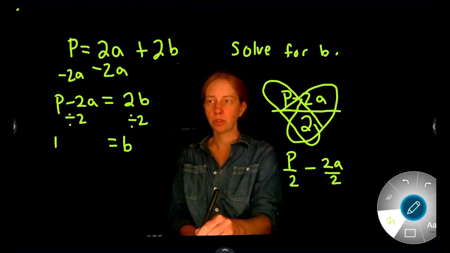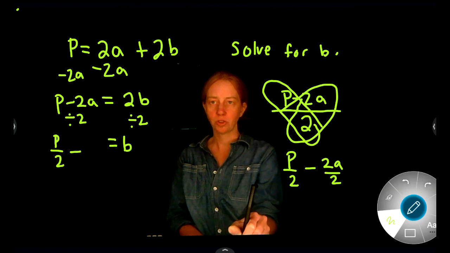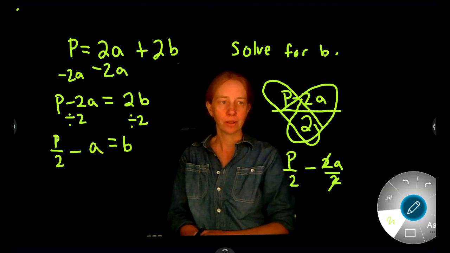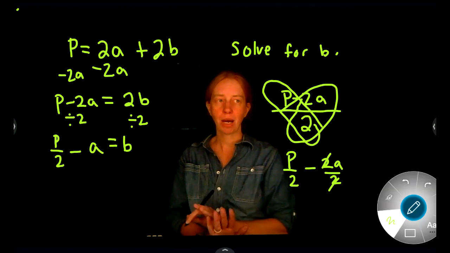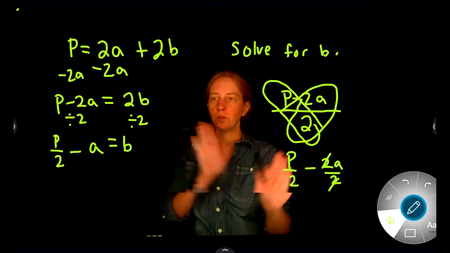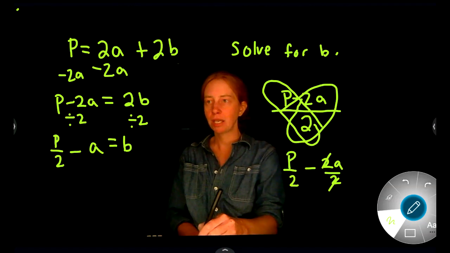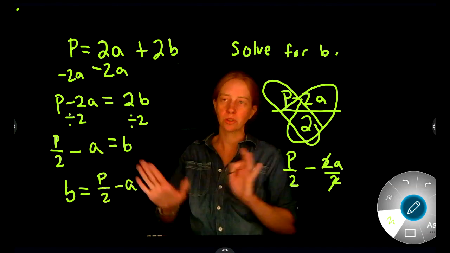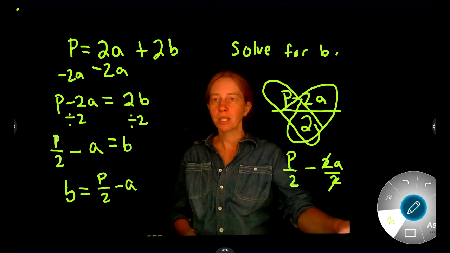We have the p over 2, and we have this minus 2 over 2a. We don't need this 2, so it's just going to go away, and we're going to say minus a, right? So there we go. That matches P divided by 2 minus A equals B. You can also use the symmetric property, and you can write it like B equals P over 2 minus A. So that just switches it up for you.